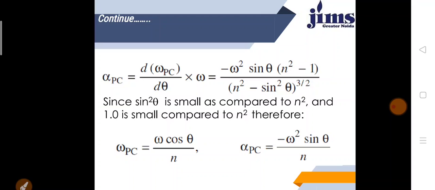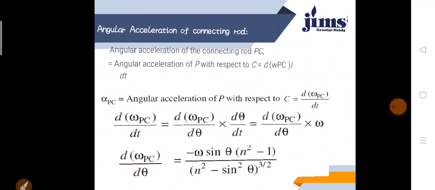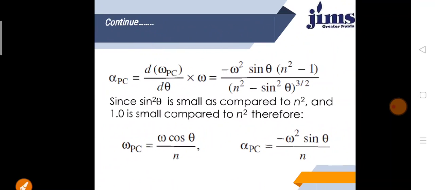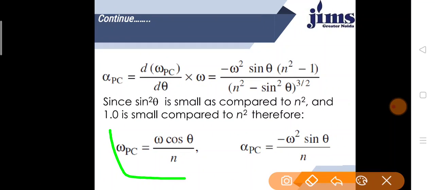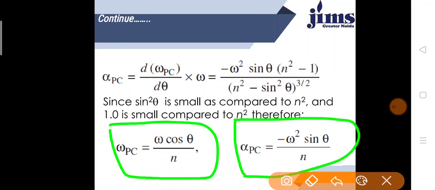Then we get this equation: omega PC equals omega cos theta upon n, and alpha PC equals minus omega square sin theta upon n.